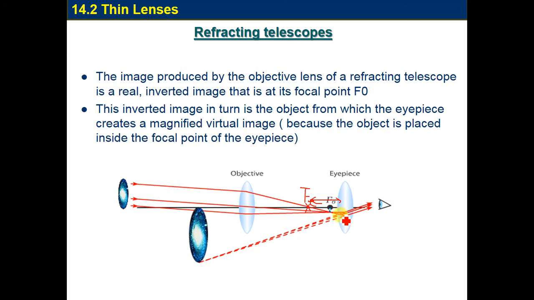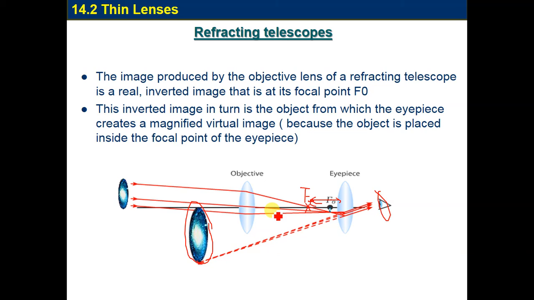The rays coming from this object, when they pass through the lens to the observer, do not intersect here. Instead, we trace them back and they intersect here, giving a greater, virtual image. The virtual image produced by a converging lens is always enlarged, larger than the object.